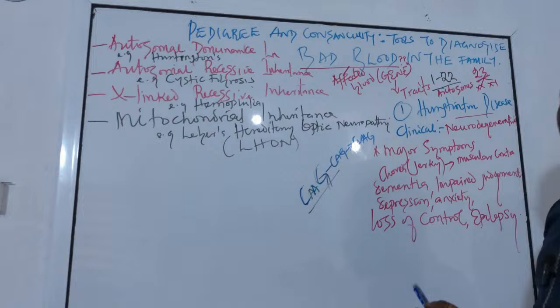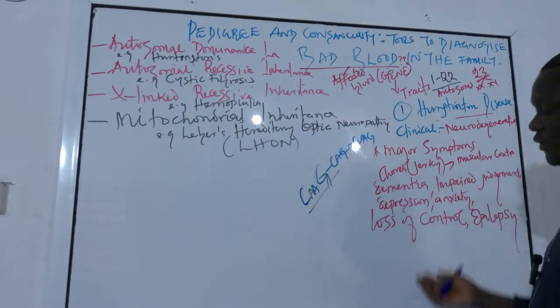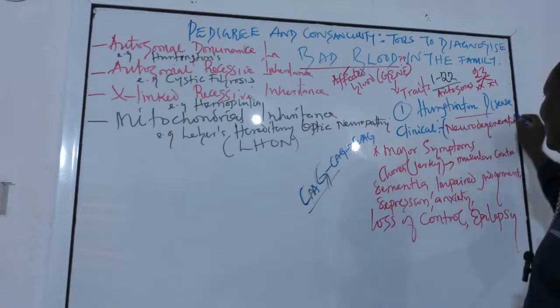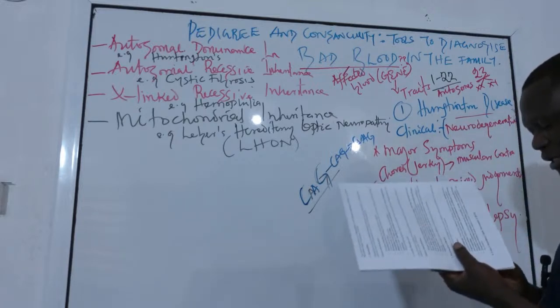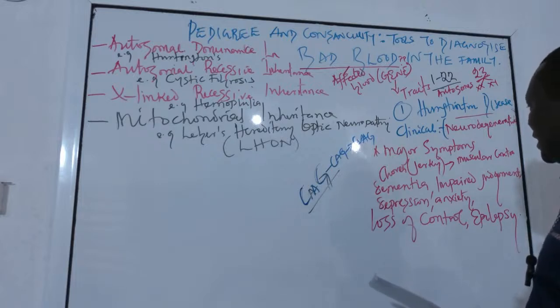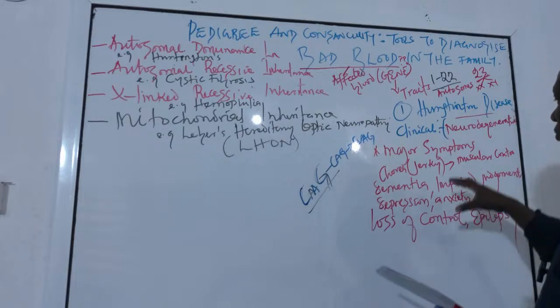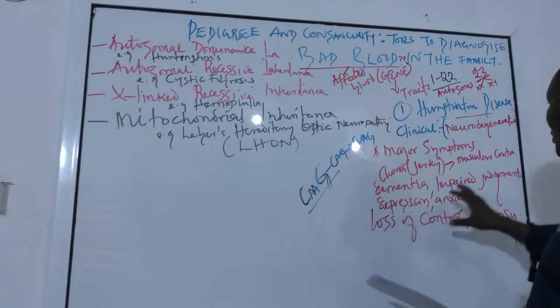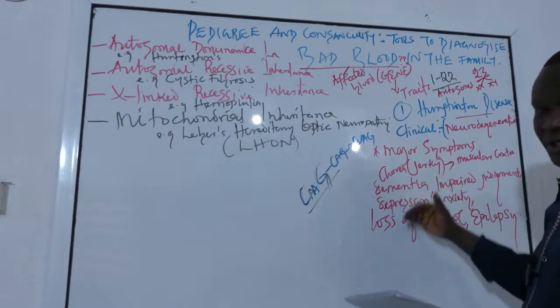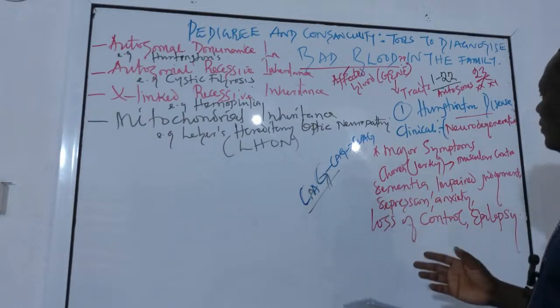And if you have a CAG repeat, the major thing is that the person will have a neurodegenerative disorder, and when this kind of disorder comes, there will be jackie. So there will be muscular contraction, there will be dementia, loss of memory, complete loss of memory.